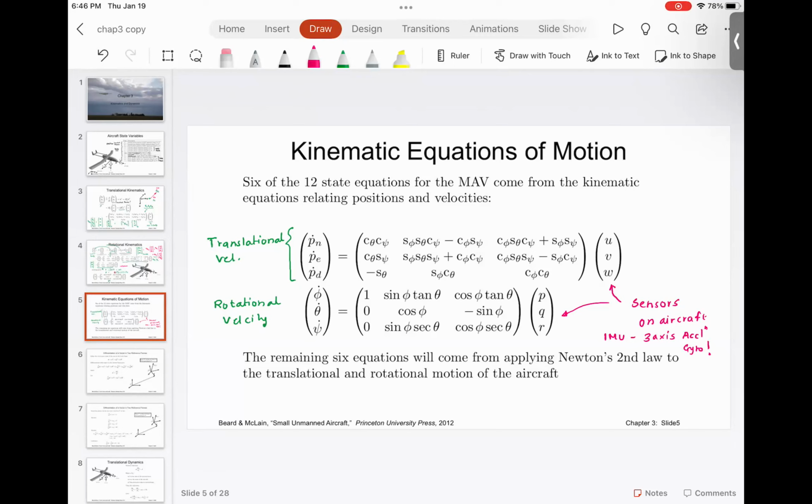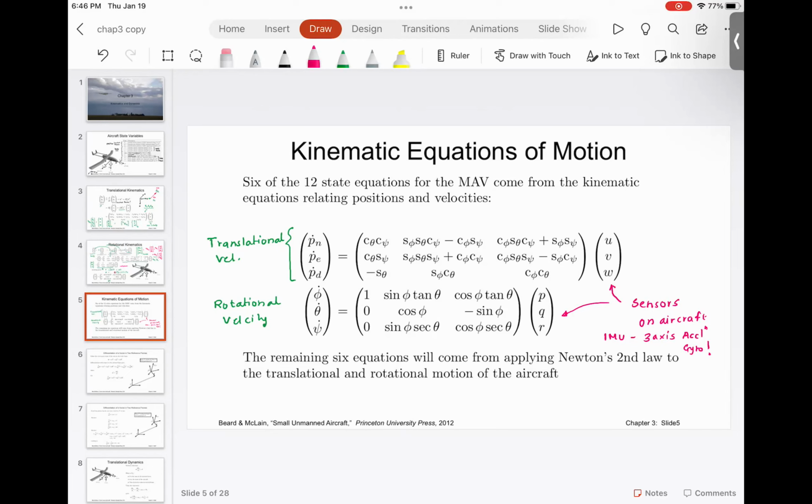The way to solve these equations is first, we solve the equation for rotational velocity. That equation is a differential equation, which means we have to integrate that numerically. Now, what do I mean by numerical integration?